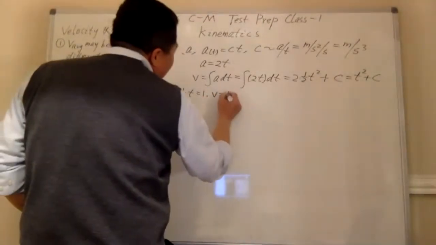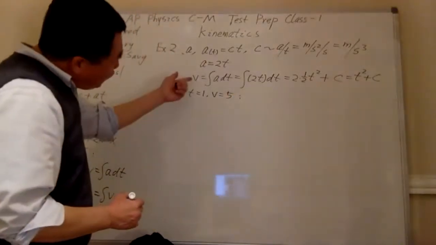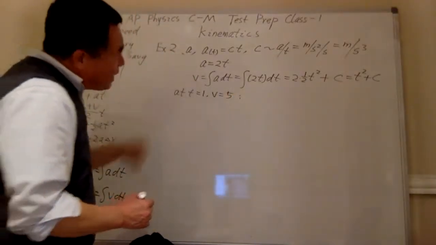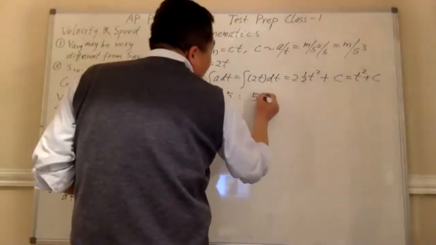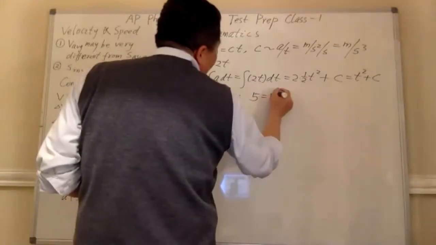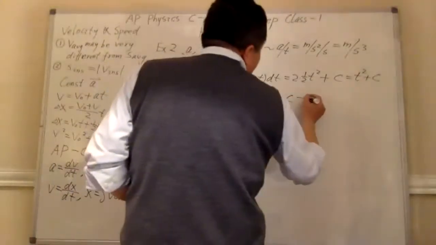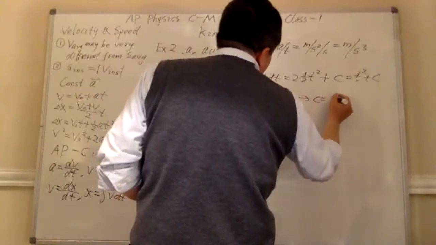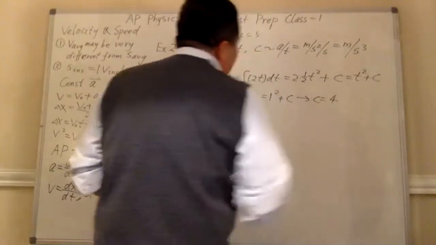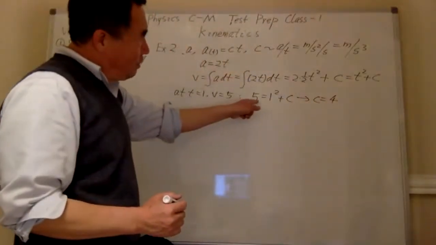You use this one: my v is equal to 5 when time is equal to 1, then plus c. Immediately I got my c equal to 4. That's good enough.